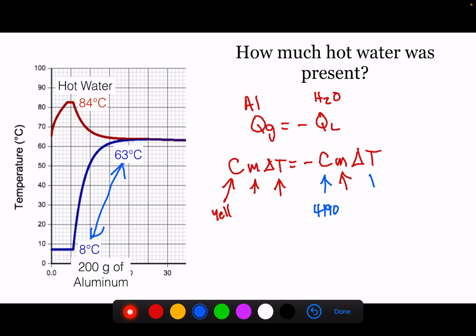You're solving for mass, and the temperature change here, you're going to use the temperature change of the water, so 84 and 63. Again, the delta T is going to be negative. It's going to cancel with the negative in front, and you're going to be solving for M. All right, so I'm going to leave that for you to work out the details.